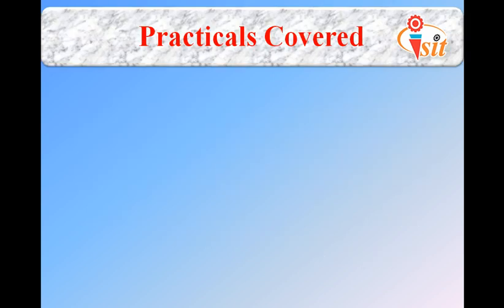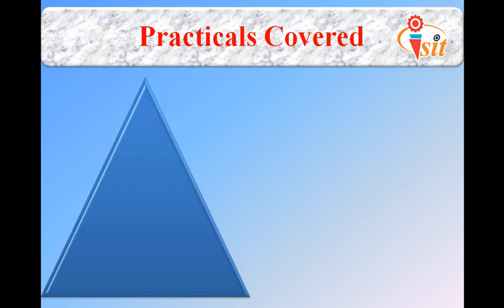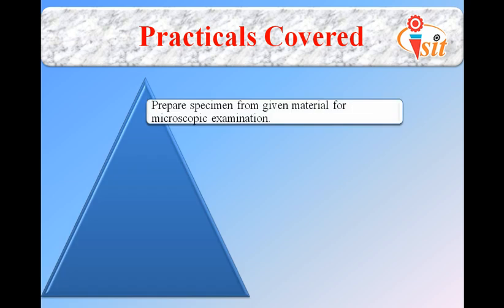Next, what practicals we have. The first practical is to prepare a specimen from given material for microscopic examination. We have a material of MS. MS means mild steel, which has carbon from 0.2 to 0.4%.